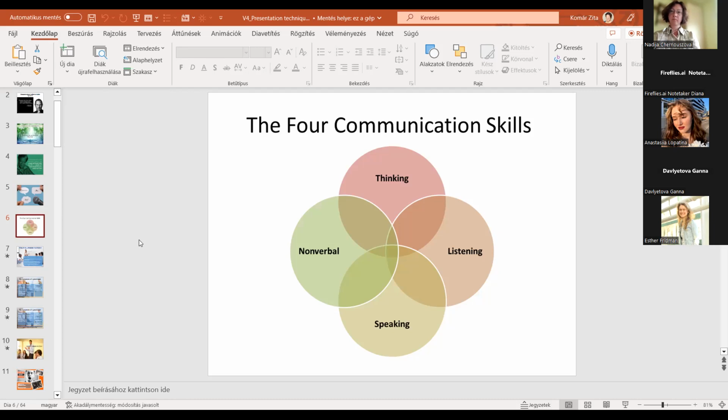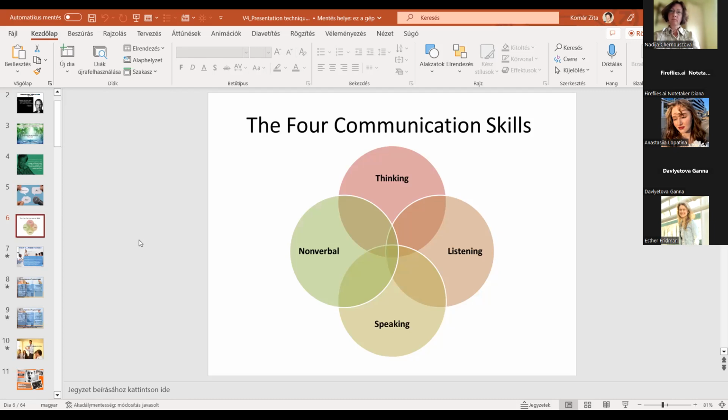And the fourth one is listening. And this is something that everybody forgets and nobody pays attention to. And when I ask people, what do you think? Why is it important to talk about listening skills when we talk about presentations or presentation skills? Because we generally think that presenting is talking, constantly talking.